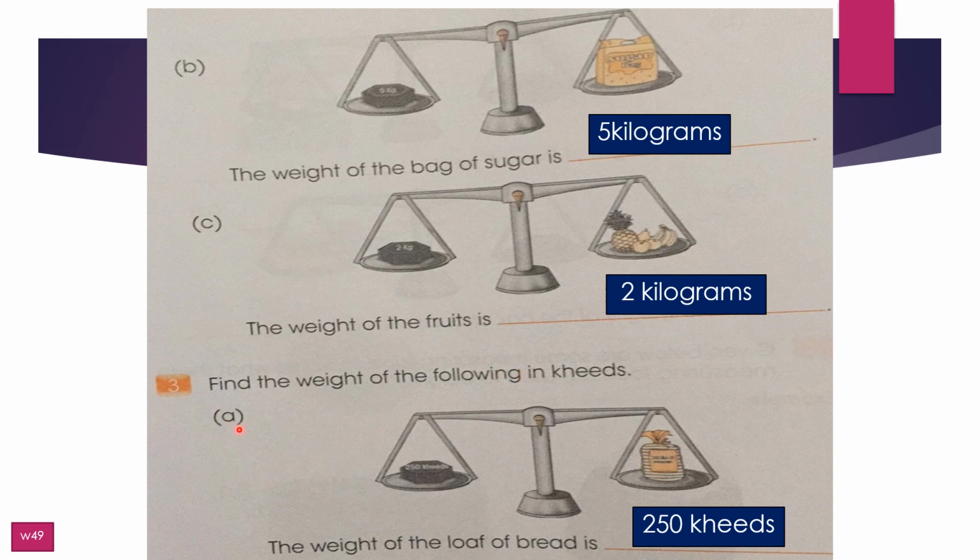So this one, letter A, so this one 250 kids. Okay, so that means this one, the weight of the loaf of bread is 250 kids. Understand?